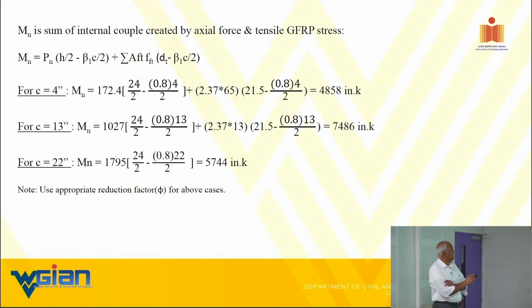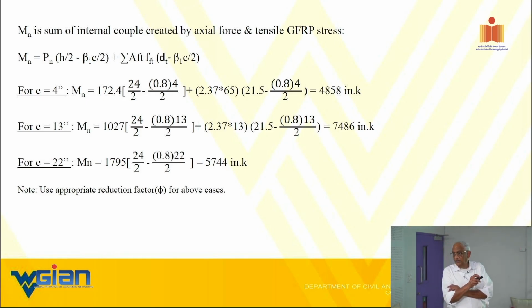And likewise now I'm doing exactly the same thing. I'm picking up the P values, correspondingly multiplying with the lever arm values. Look at the lever arms, please. That is the lever arm for concrete. That is the lever arm for FRP. Why is it plus? One is tension, the other is compression. When you take the moments about the neutral axis, what happens?